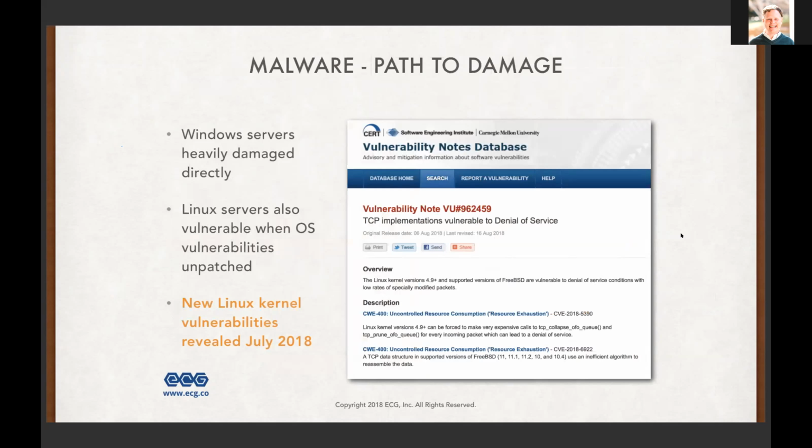Then it's able to launch attacks that actually cause the TCP stack to fail, to overfill on Linux systems, so that by just having any kind of TCP access to a server, you're able to create a denial of service attack and shut down a whole server. You can recover by rebooting the server, but then the server can be attacked again. And so there's a lot of concern around malware that directly attacks Linux machines, even if these Linux machines are partially protected by firewalls.